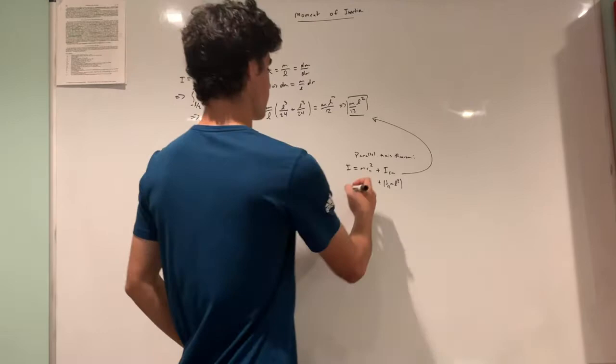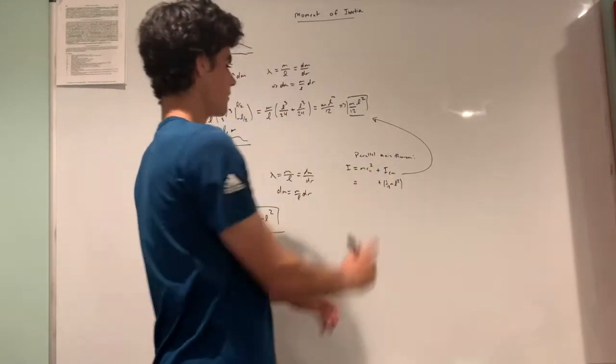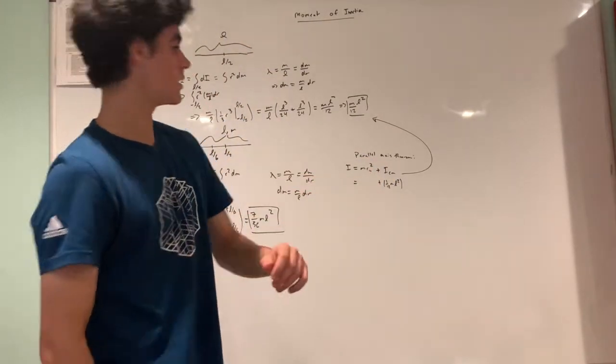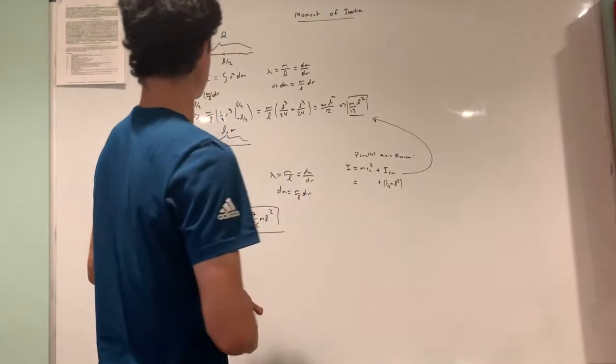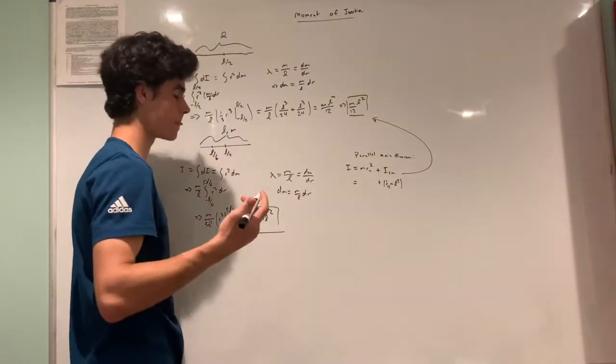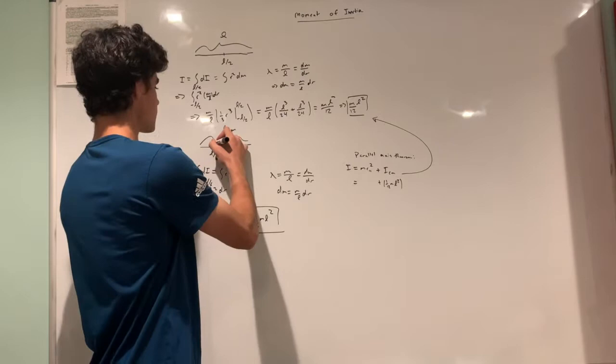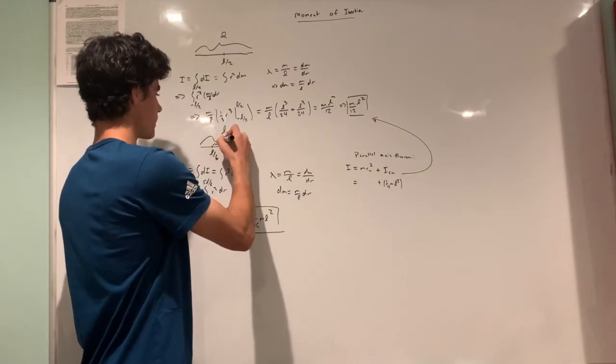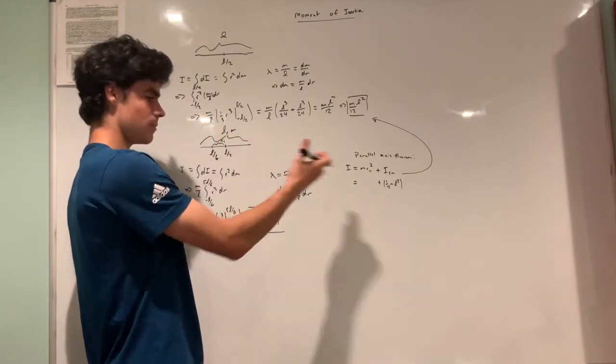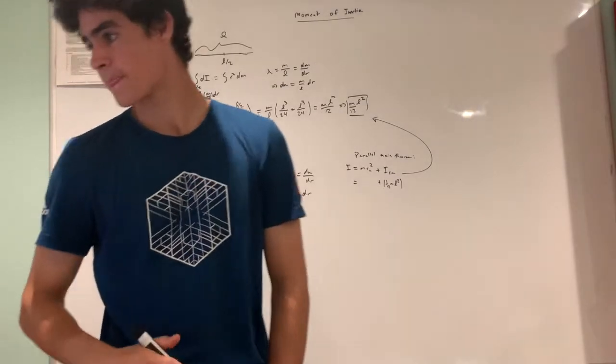But then we have m, and this part right here might be a little confusing. R parallel essentially means the distance off of our center, right? So r parallel is the difference between the pivot point and the center of mass.